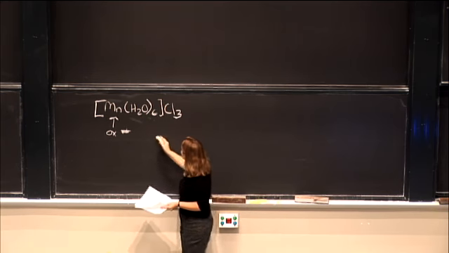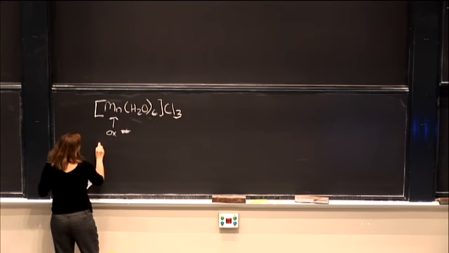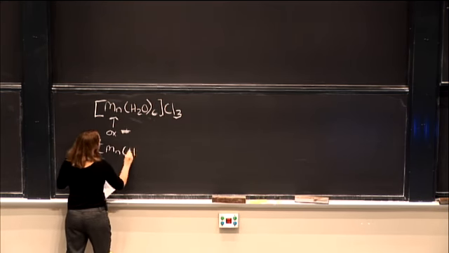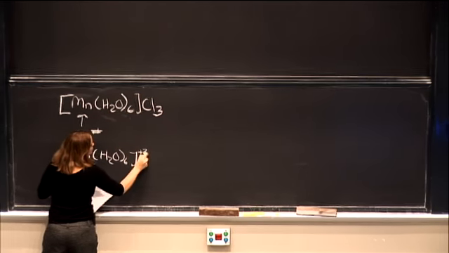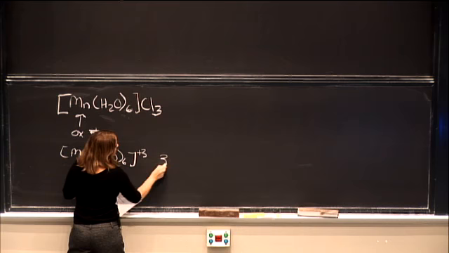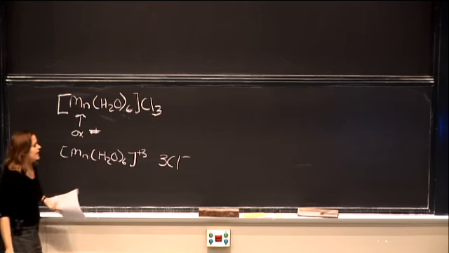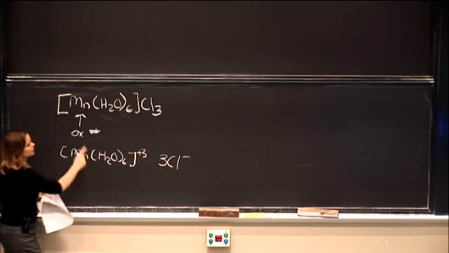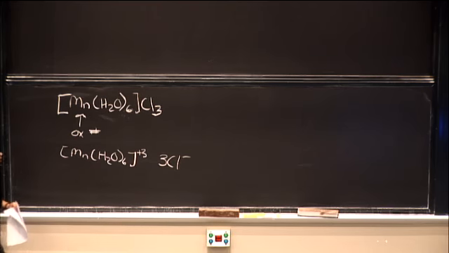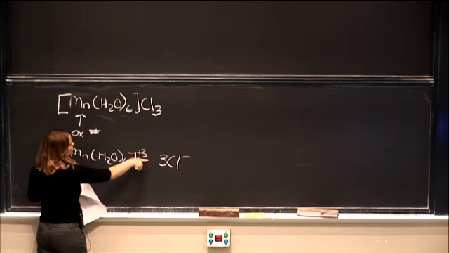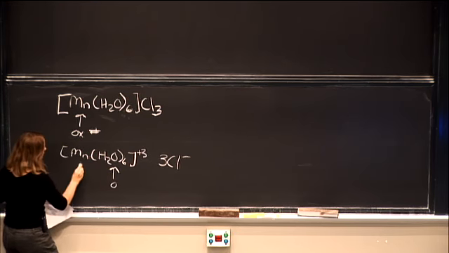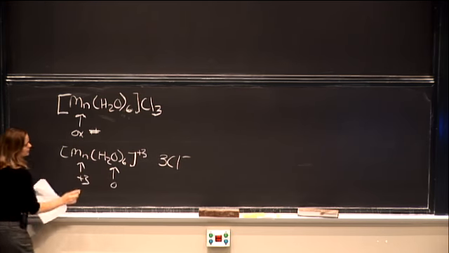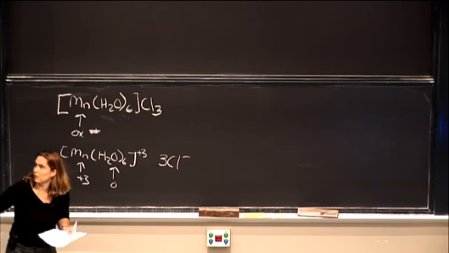We can write this out here. There are 6 ligands, and we say that here it's +3 overall because we have 3 chloride ions hanging around with a negative charge. So this tells us that the overall charge on the coordination complex had to be +3. And this, again, is 0, so that means that is +3. So people did very well on that.